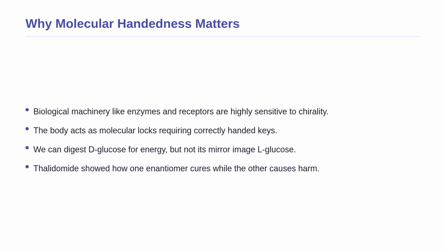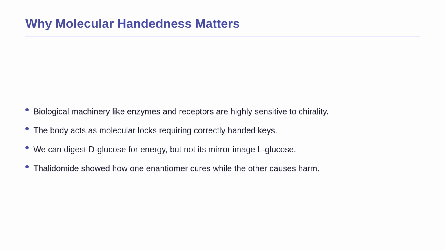You might be wondering why this molecular handedness matters so much in real life. The answer is that almost all the biological machinery in your body, including enzymes and receptors, is highly sensitive to chirality. Your body is essentially a collection of molecular locks, and only the correctly handed key will fit into them.